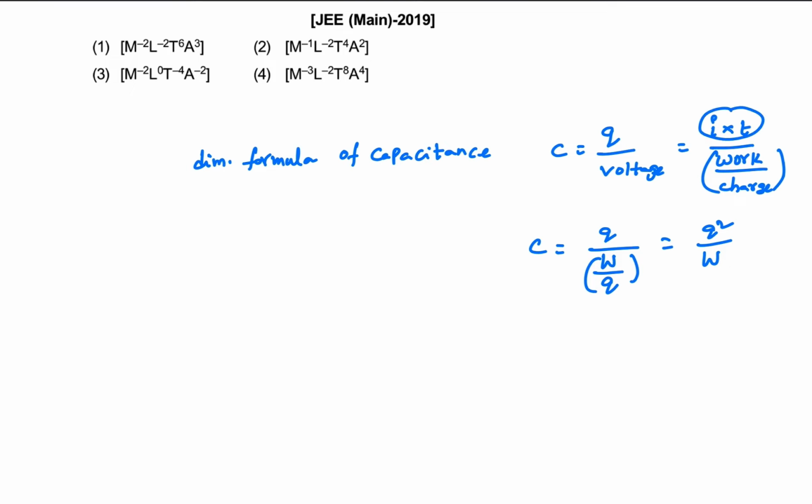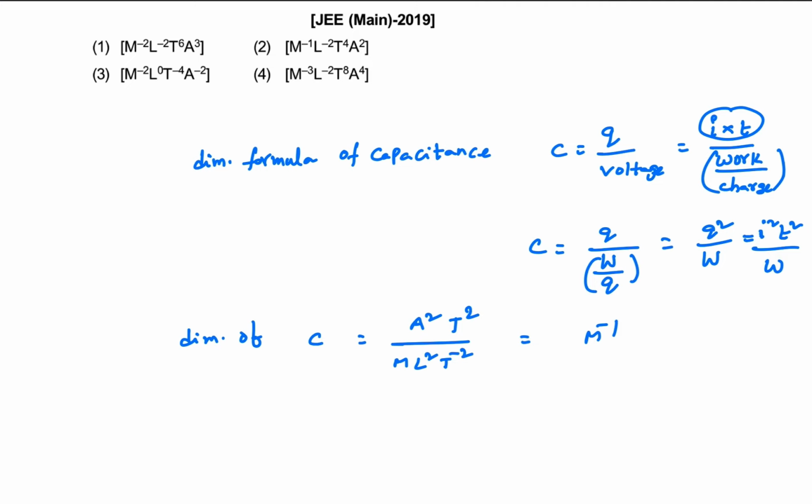What is the dimension formula? Already I have written I into T, so I can write this value as I square into T square divided by the work done. Finally, the dimension formula of C can be written as: current is A, so A square; time is T square; work is M L square T power minus 2.